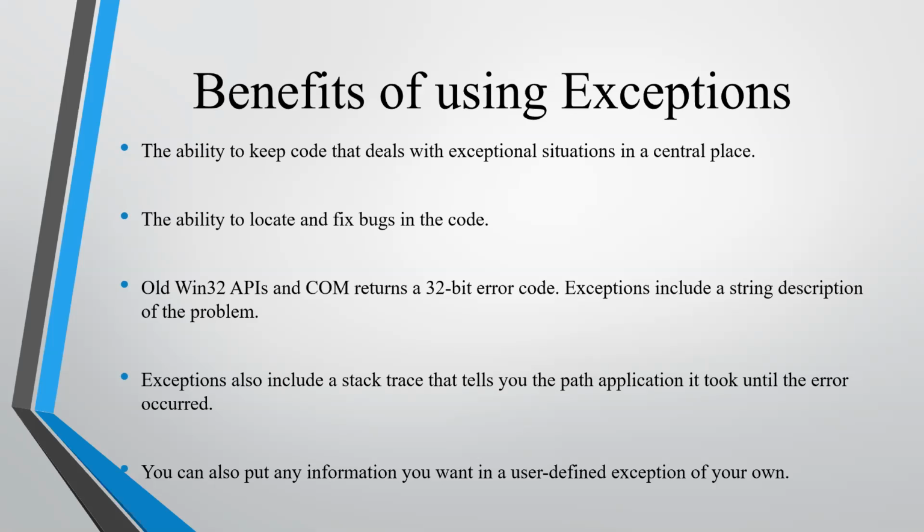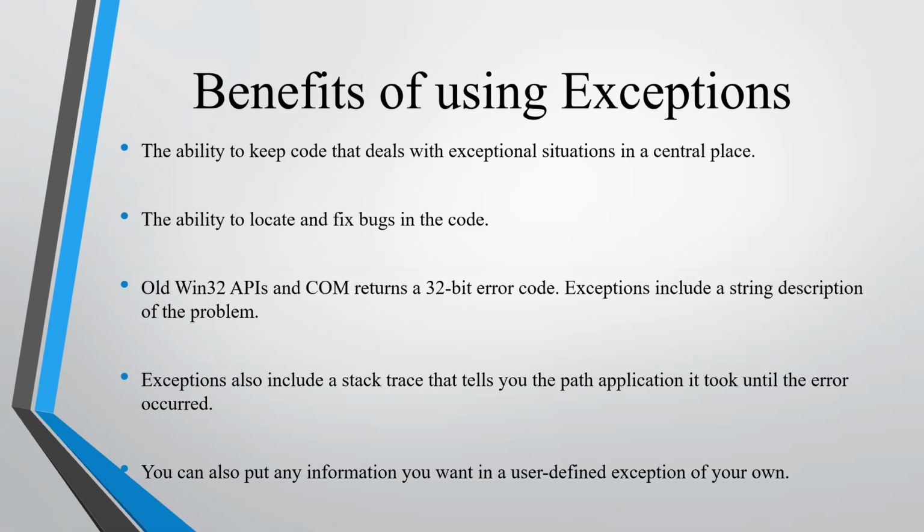Old .NET frameworks had Win32 APIs and COM components that returned a 32-bit error code. If we use exceptions, then we can see the string description associated with that 32-bit error code, which is easier for the programmer to read and understand.